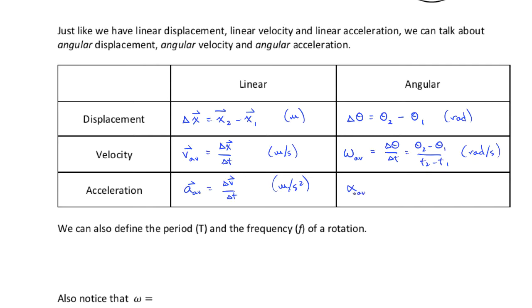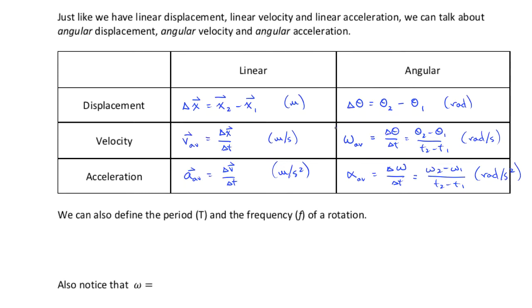The average angular acceleration is equal to the change in angular velocity, delta omega, divided by delta t. And again, that's going to be equal to omega 2 minus omega 1 divided by time 2 minus time 1, and that's going to have units of radians per second squared. So that's an introduction to the different quantities, and we'll use them in some practice in a moment.